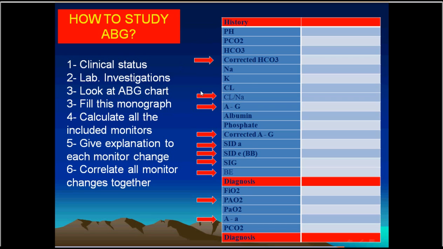When you do that, you'll start reading, keeping in mind the clinical status and lab investigations. You have to correlate and see what the pathology is, especially if it is mixed, where the patient had a certain pathology and then followed by another pathology. Let's go and see.